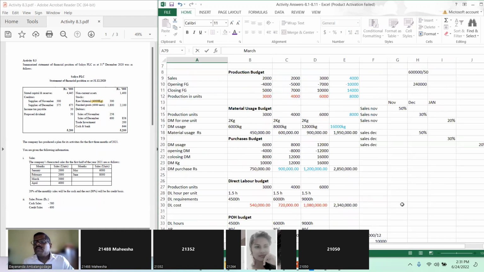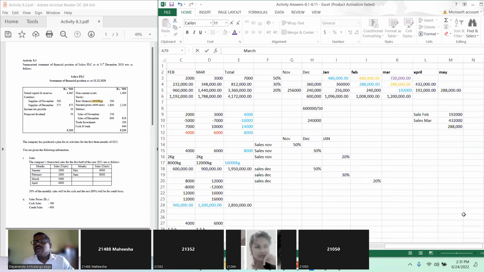I think you can remember our calculation schedule. March debtors, of course, March sales. You have to understand this very clearly. This is the February sales collection, this is the February one, 192,000.